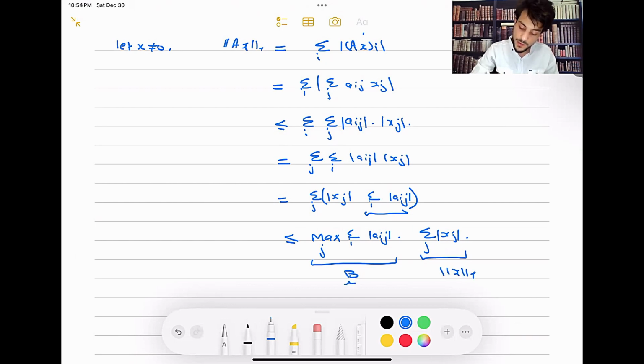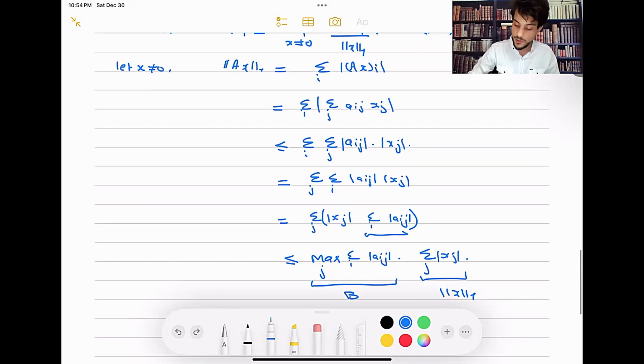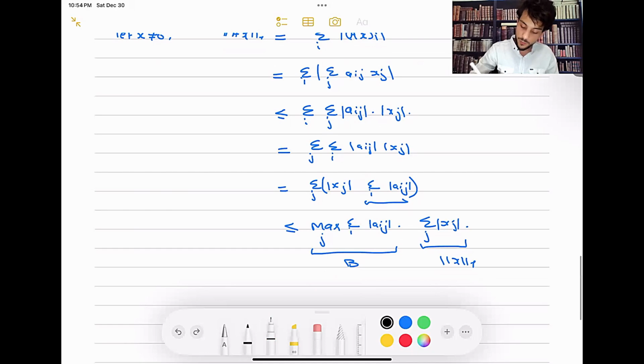So this is the maximum over the column sums of A, and this is just the one norm of A. So if we look at the very ends of each inequality and we divide by the norm of x on both sides, we get that this is less than or equal to the following thing.